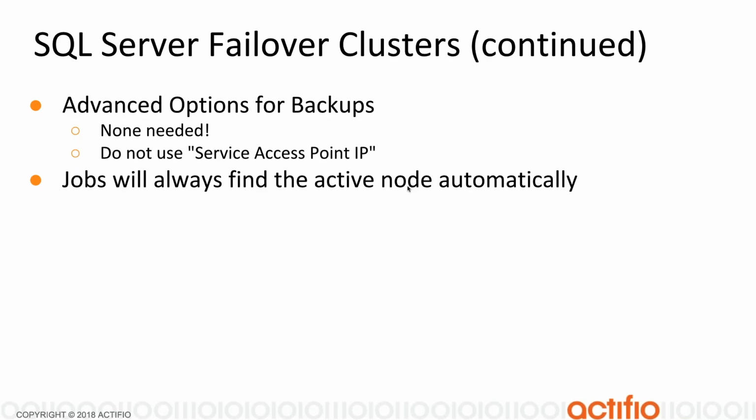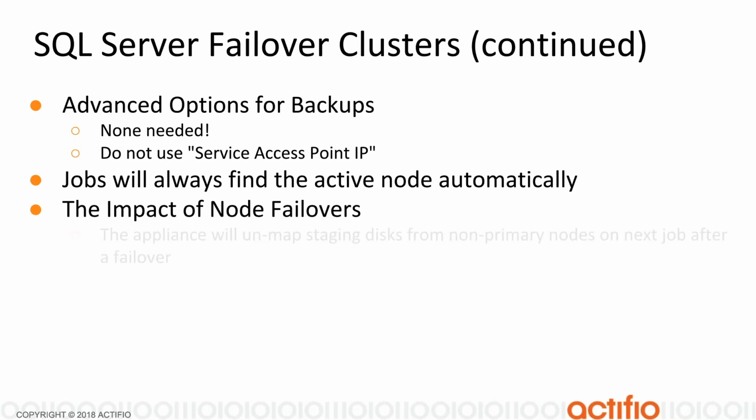Jobs will always find the active node. It will use the shared IP address of the instance in order to locate where that SQL instance is running, and then it will connect to the appropriate node. So when you have failover clusters, a lot of people ask the question, what happens when I have a failover? How does that impact backups? What's any risk there?